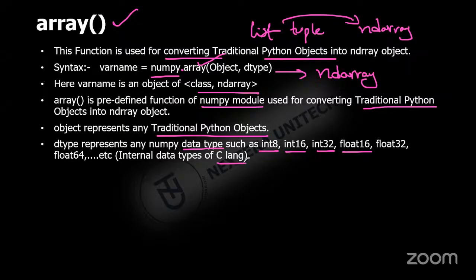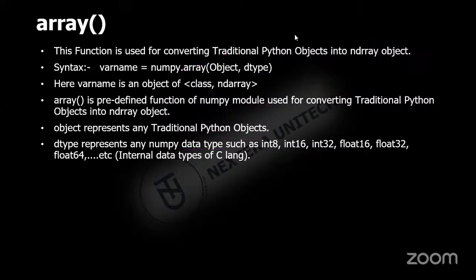Even if you are not aware of the C language, that's not an issue, but these are the data types used in C. So dtype can take any one of these values. I hope it is very clear: the purpose of the array function is converting any traditional Python object to an NDarray object.